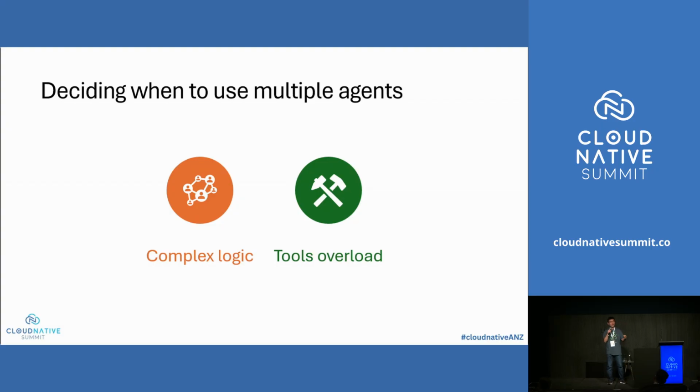We split the complex logic into different agents so we can manage it better. Another scenario is when we have lots of tools or function calls. If you have tens or hundreds of function calls in one agent, that would be hard to manage. In this case, we can make specialized agents, so one agent writes and one agent reviews. That would be easier for managing complex tasks.